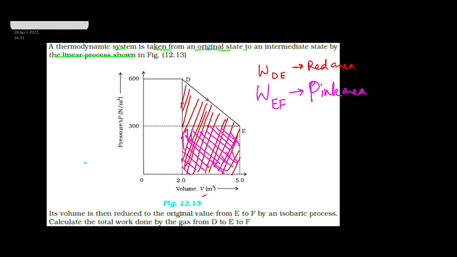Now look at the third process, F to D. So it is a process. What do you think F to D is? Which kind of process is F to D?